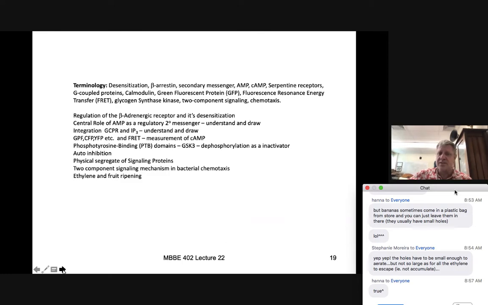I also want you to understand how we can measure these types of interactions of associated proteins and their localities with FRET, and also how FRET, if we're using the specific example of protein kinase A, will be modulated by amounts of cyclic AMP.